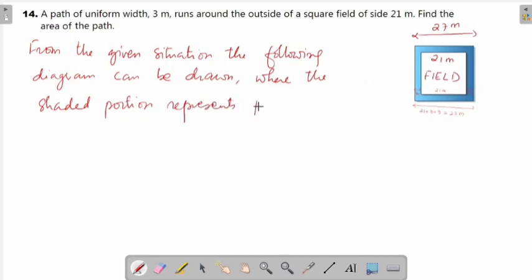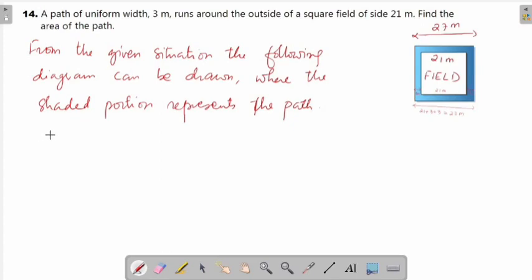It represents the path, right? So basically the question is asking you to find the area of this path. Basically area of the path means you have to find area of shaded region, isn't it?